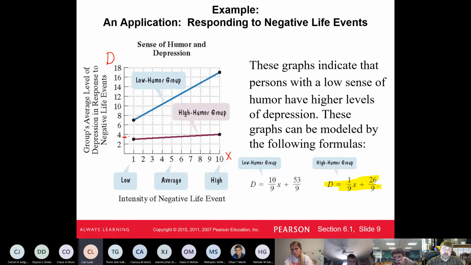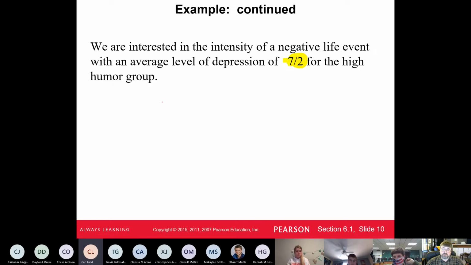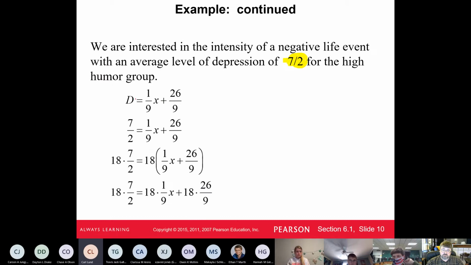Now we could just read the graph. We could go over and say, well, let's see when this is going to intersect this line. When are we going to get to this being at 3.5? And we see that here, it kind of looks like it's right around 4.5. But that is not always super accurate, so we're going to do it with algebra. What we're doing here is solving for x.